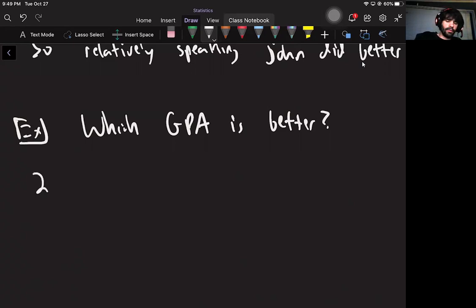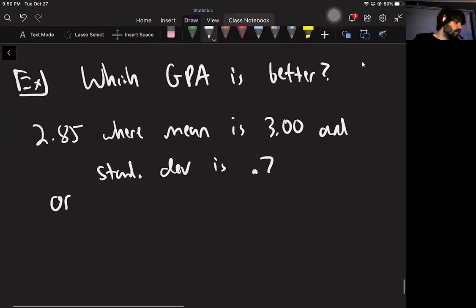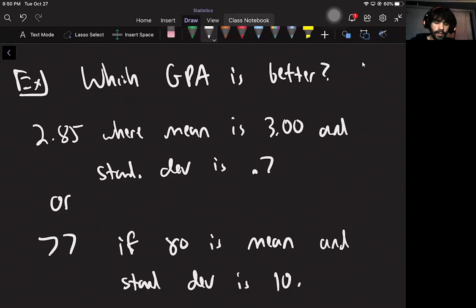So there's this one, a 2.85, where the mean is 3.0 and the standard deviation is 0.7, or this other weird one, I've never heard of a school like this, but a 77 is their GPA if 80 is the mean GPA and the standard deviation is 10. So which GPA is better?